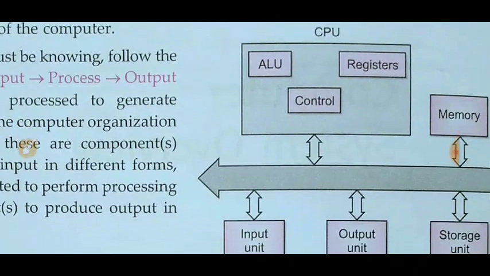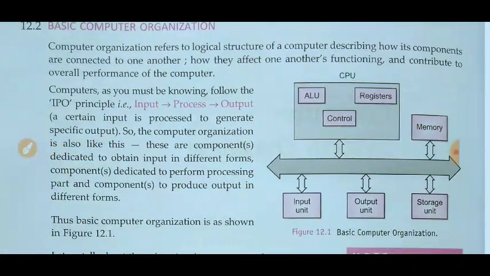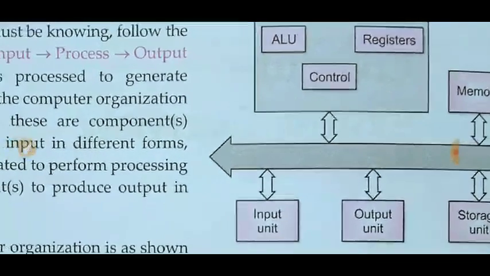Now see one diagram. See this diagram. This is basic computer organization. In previous class we discussed about block diagram of computer, but this one is a basic computer organization. Here many things are added. See this.